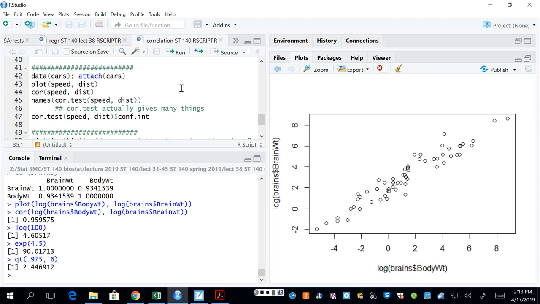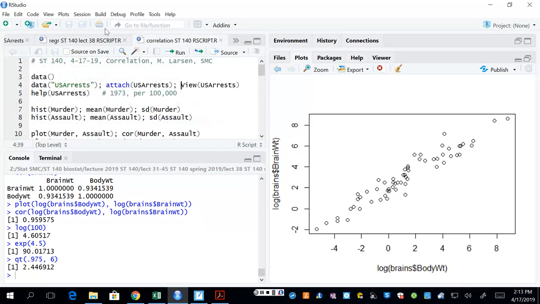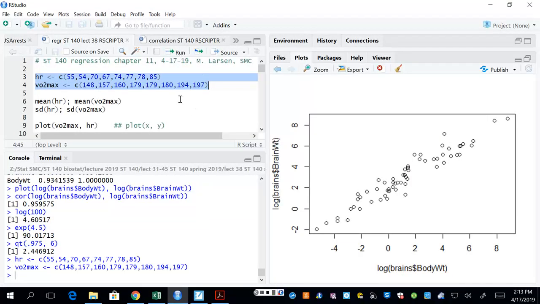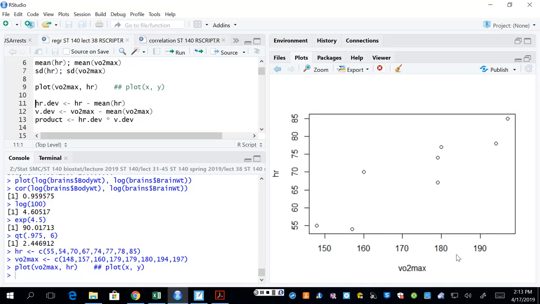So in this data set, a couple pages after that handout, this R code, we won't go through it all, but these are the data. This is what the plot of oxygen versus heart rate actually looks like. By correlation, 0.9, pretty good, right?